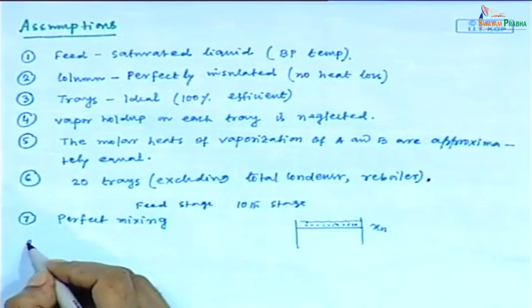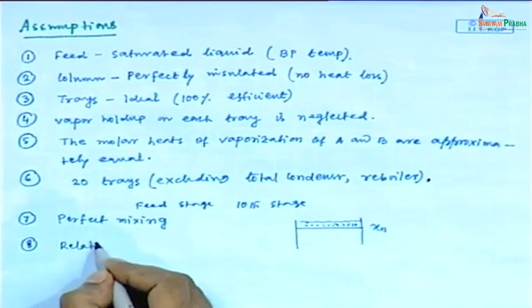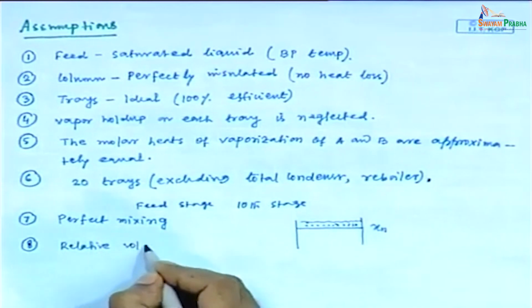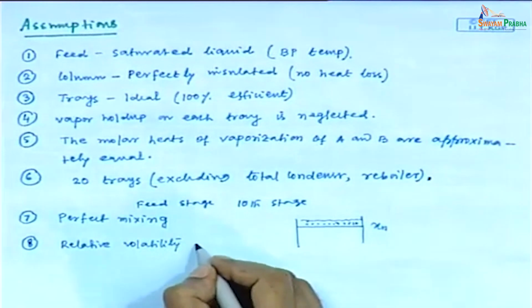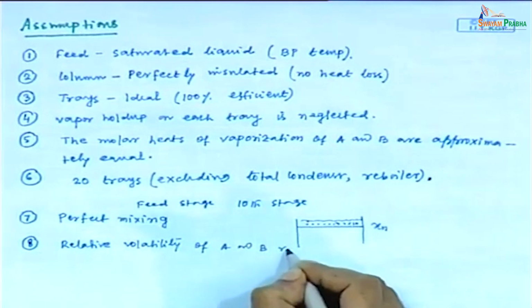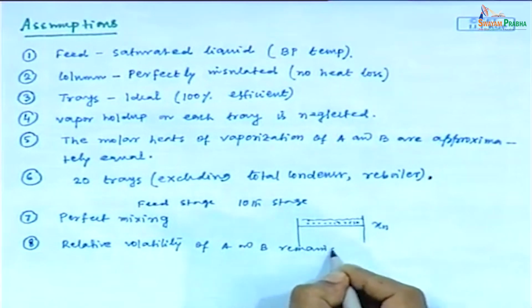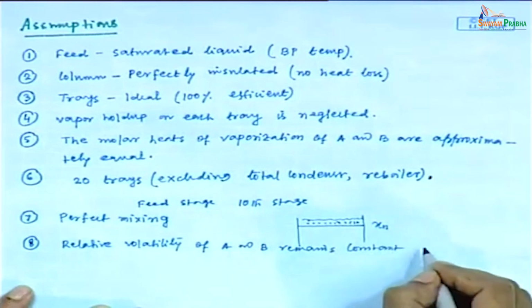The next assumption is that the relative volatility of the two components A and B remains constant throughout the column.